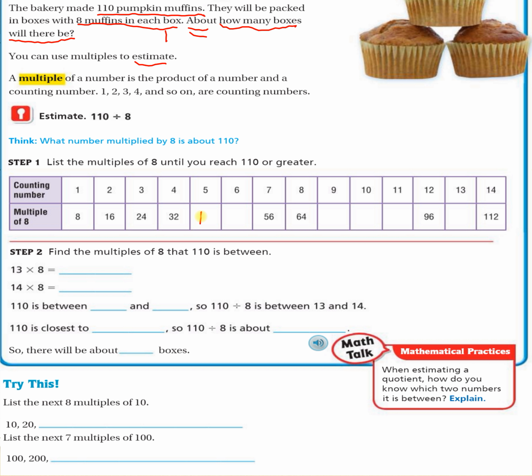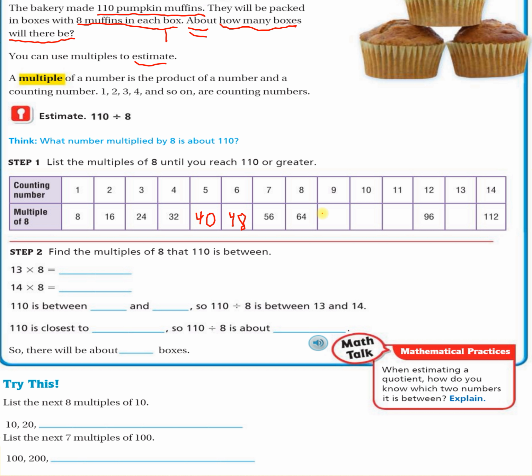But yeah, you should have 40 here, and then 48. And it's kind of difficult for me to write with this, but that should be an 8. 56, 64, 9 times 8, and really that's what we're doing.